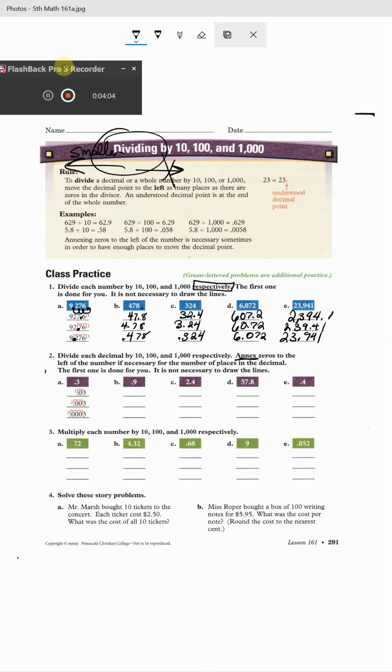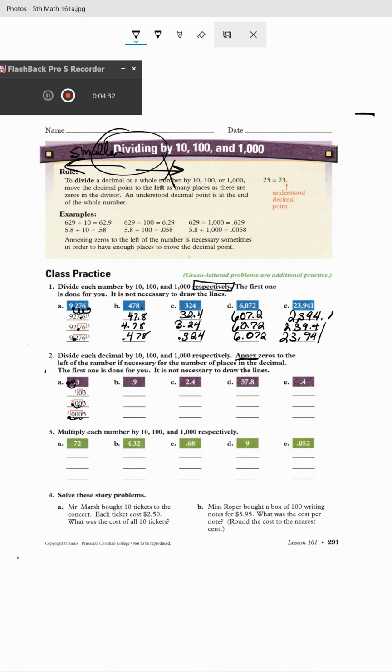So 0.3, if we divide by 10, we have to move this decimal over here one place. So now it's 0.03. Divide by 100, you have to move it over twice. So you have 2 empty spots. Put zeros in them. Divide by 1,000, you move it over 3 places. You have 3 empty spots. So you put the zeros in there. Okay, those zeros are very important.